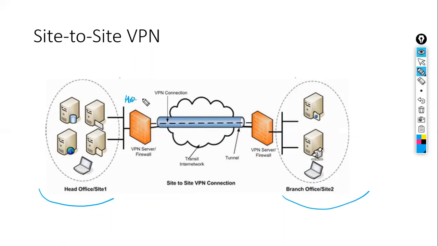This is HQSG, means headquarter security gateway, and this is BRSG, a branch security gateway. And we are going to understand how we are going to create site to site VPN between these two sites. So let's begin. IP and other things I'm going to tell you later on. So let's go ahead.